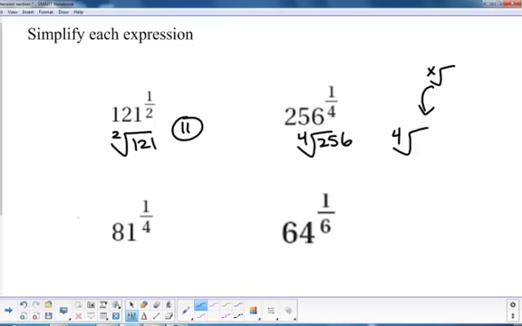If you have a graphing calculator, it's under Math, number 5. If you have a basic calculator, it just looks like that.